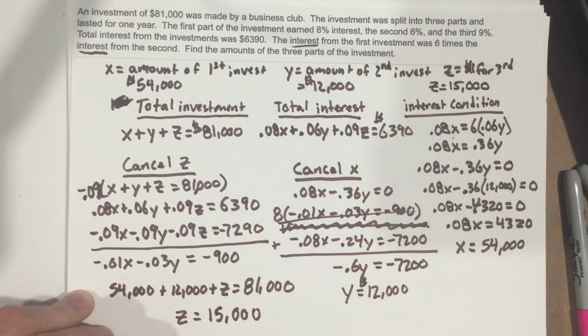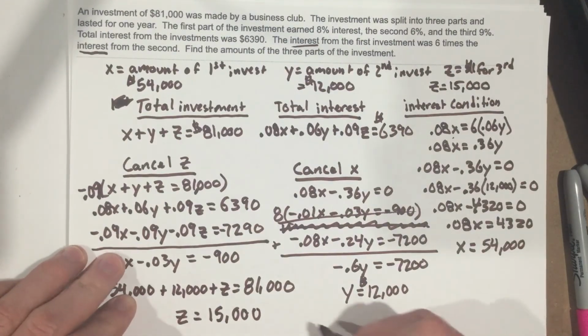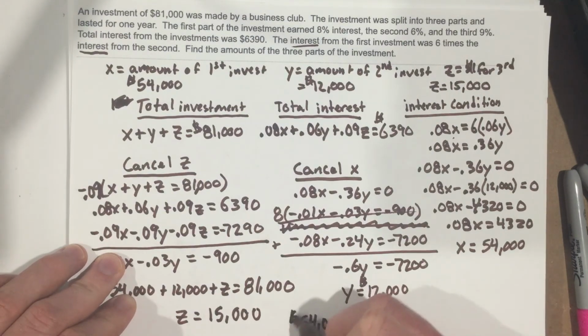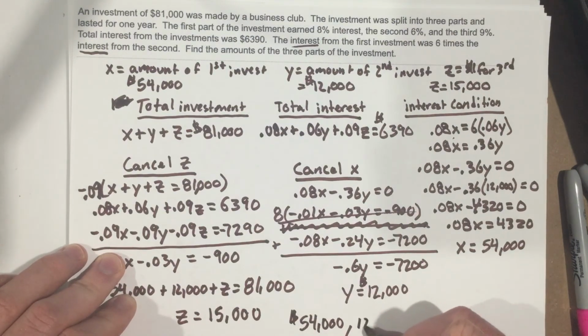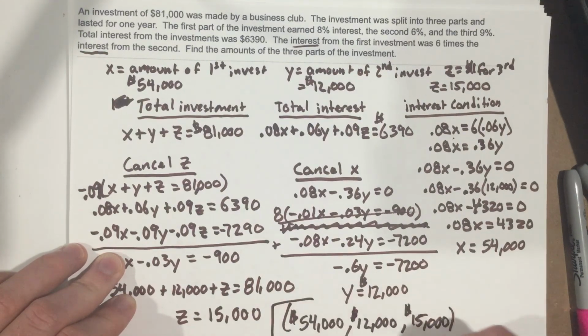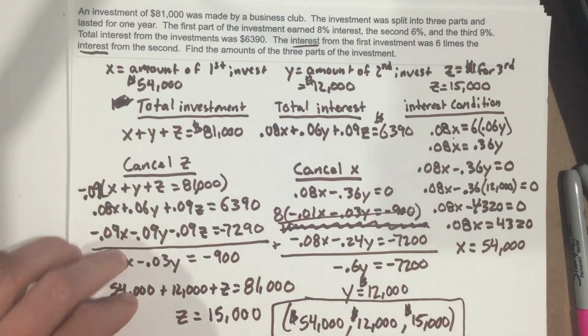So our answer that you need to write at the very end would be $54,000 for the first investment, $12,000 for the second investment, and $15,000 for the third investment. And that's the solution to the system.